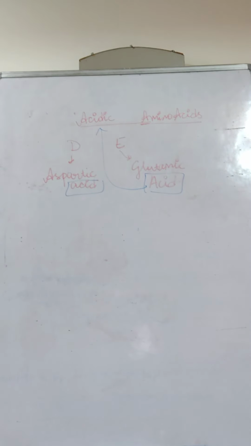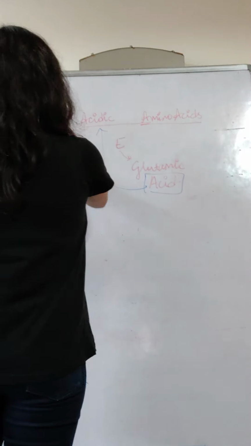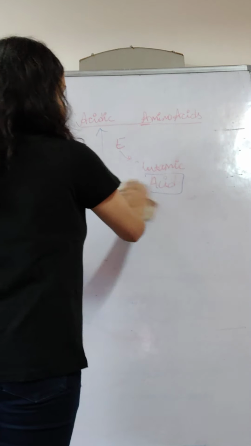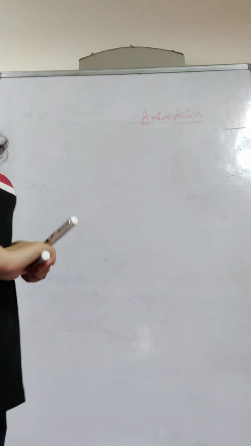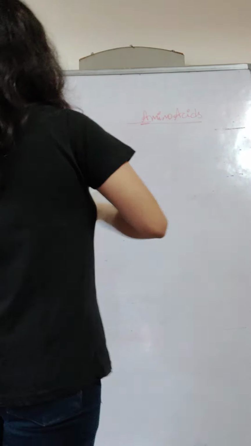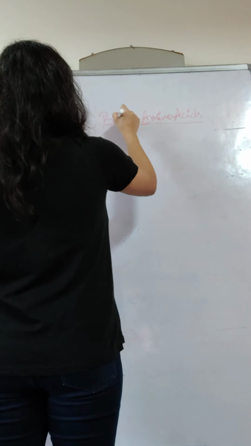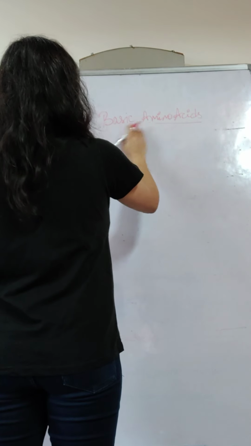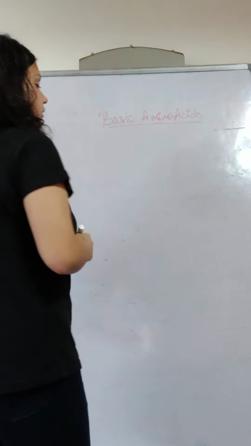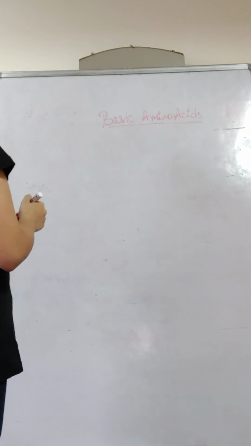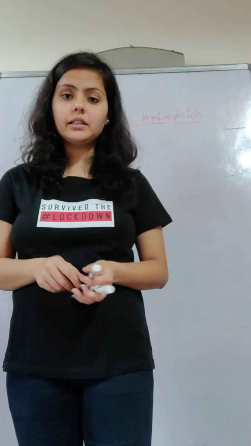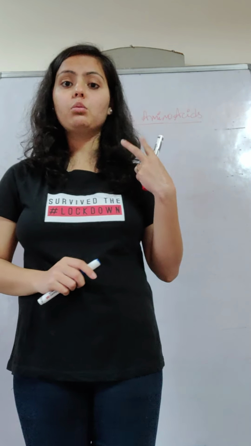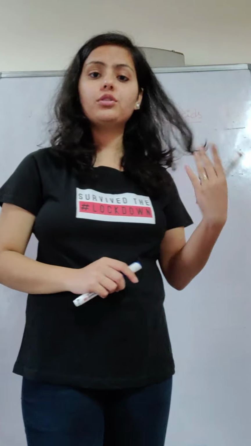Now the last category will be on the basis of basic charge on them. We have the basic amino acids, correct? When you're about to sell your house to somebody, what all do you tell them? We have one hall, one kitchen, two rooms or three rooms.